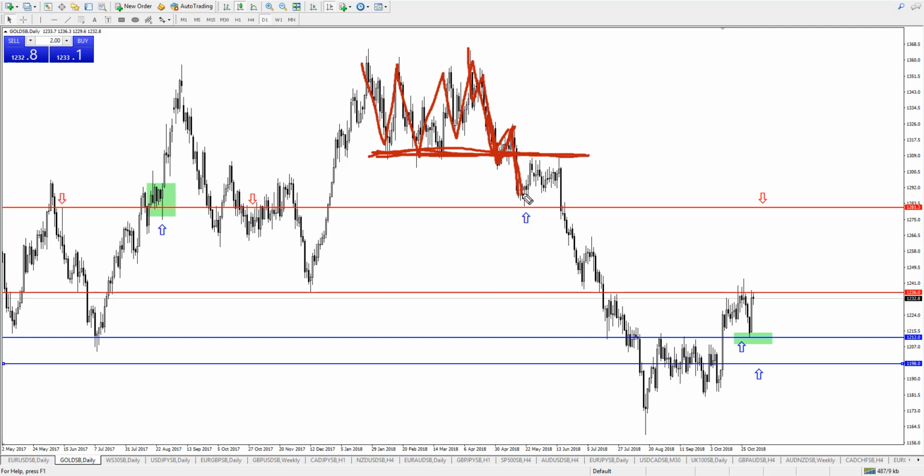And what happens when a support level breaks? We expect that support level to be used as resistance, similar to what we just discussed on euro dollar. An example was that we expect it to use previous support as resistance, but what happened on euro dollar is it went straight back up, didn't it?